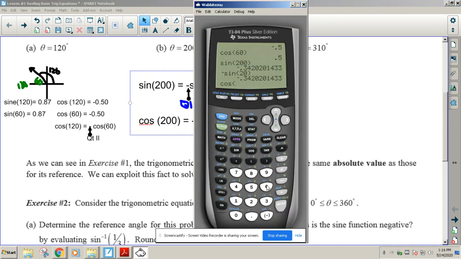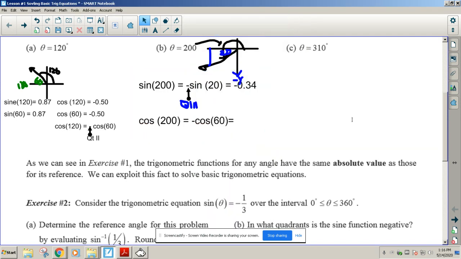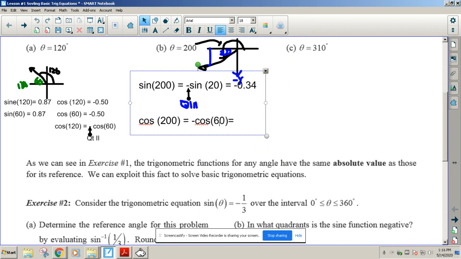Cosine of 200 is negative 0.94, and negative cosine of 20 is also negative 0.94. So these both are negative 0.94.